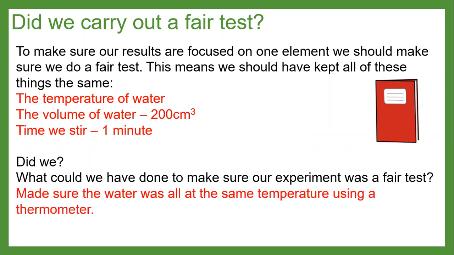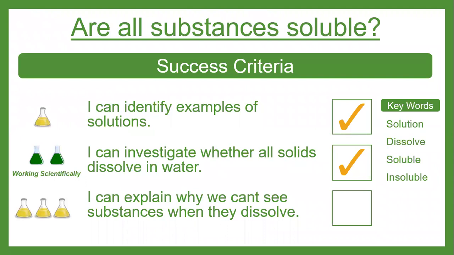Made sure the water was all at the same temperature using a thermometer. So, looking at our success criteria for this lesson, we've identified examples of solutions. We've investigated whether all solids dissolve in water, and we've been able to explain why we can't see substances when they dissolve.